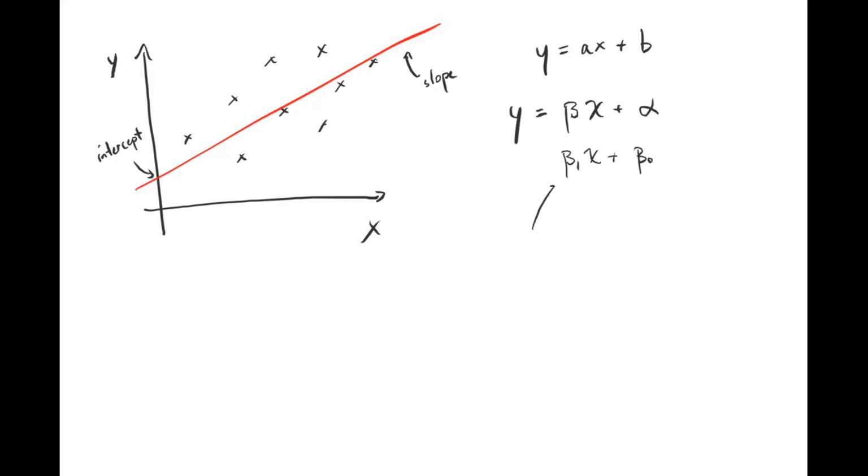And so this is your beta coefficient, and this describes the slope. And this coefficient describes your intercept. Okay.